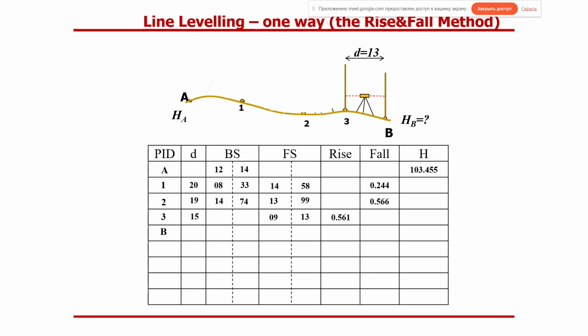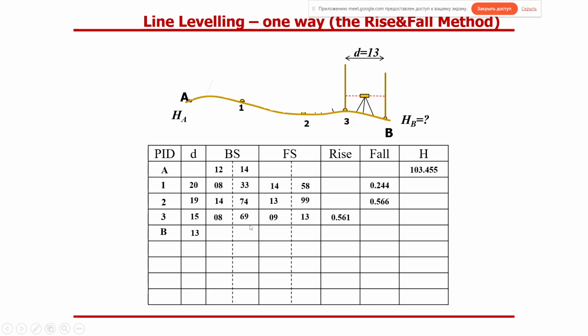the last station in the section, from point 3 we put the staff from the point 2 to the point B. We measure the distance. It is 13 meters.